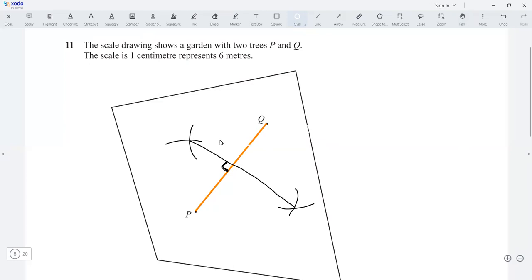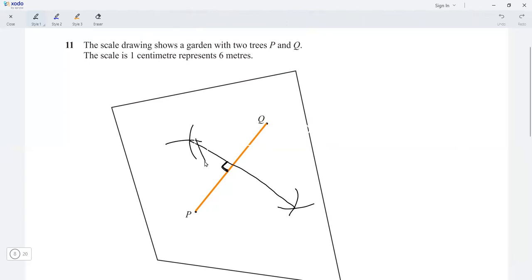We have to open our compass to 3 centimeters, making a rough sketch. The circle must look like this, with a radius of 3 centimeters.